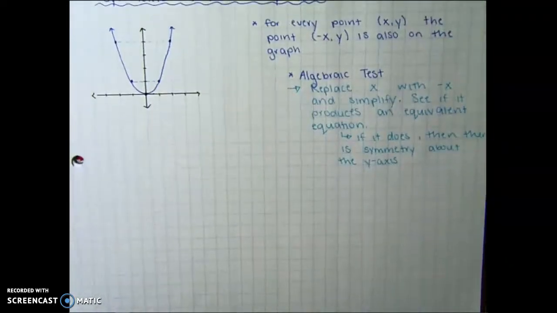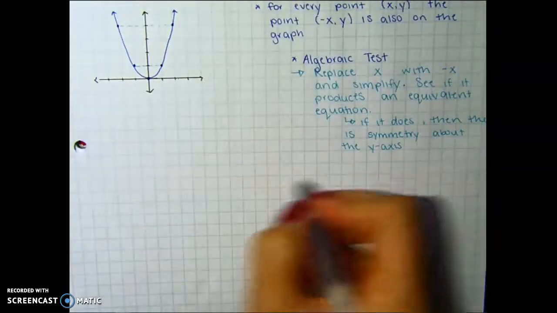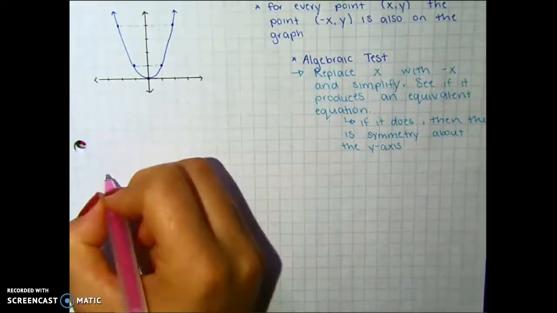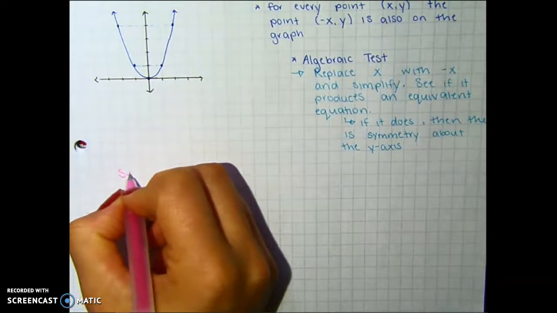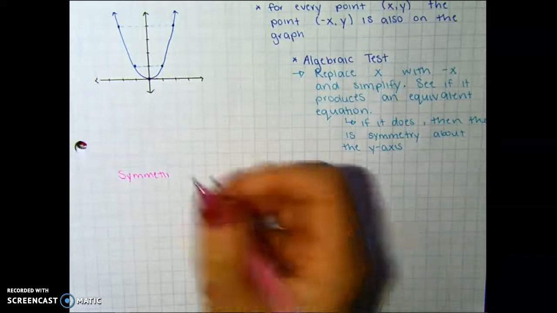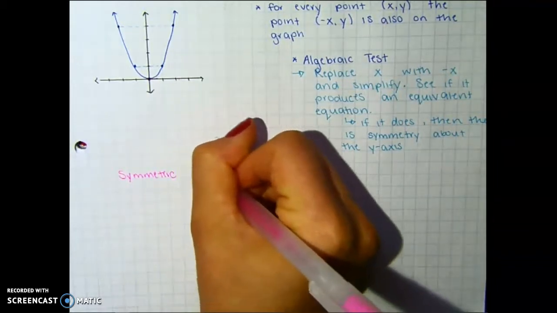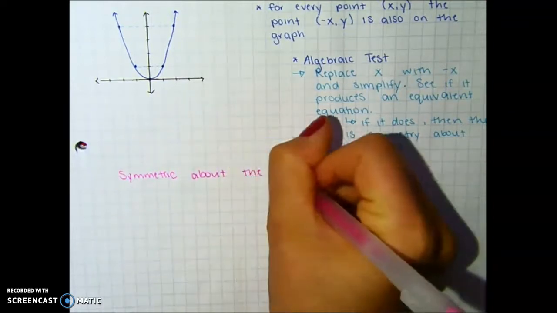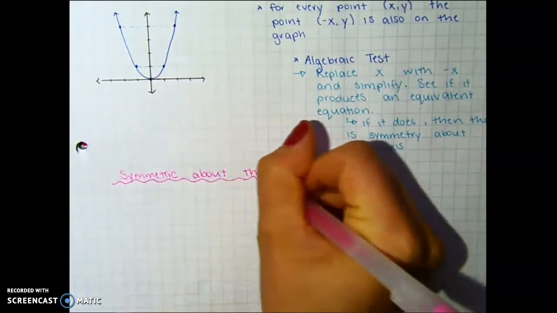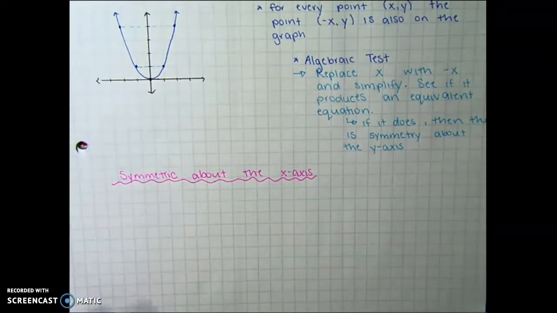Moving on, symmetry about the x-axis. That means that the line of symmetry is the x-axis. Let's make a little sketch here, kind of like above.